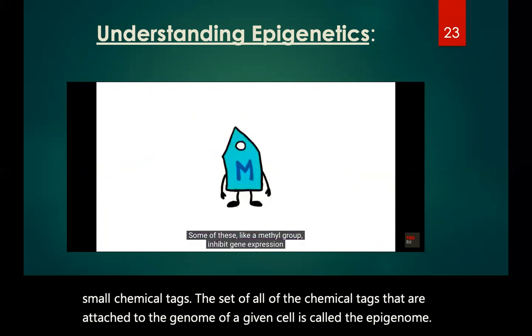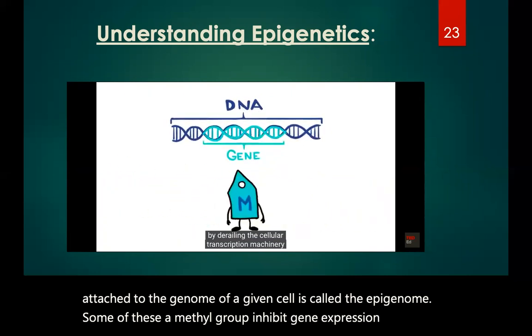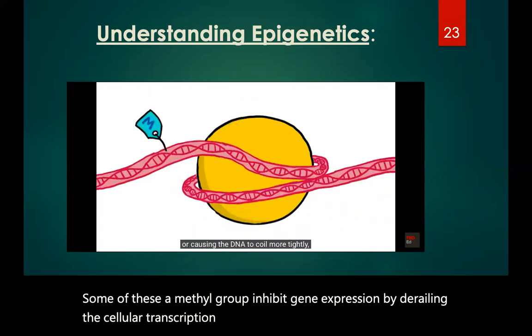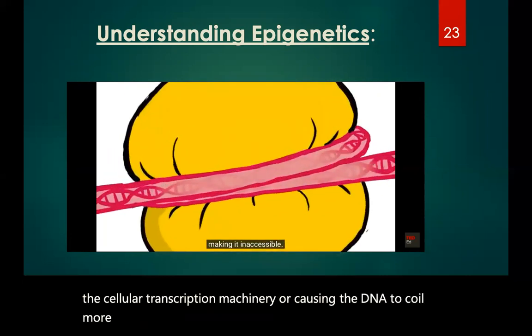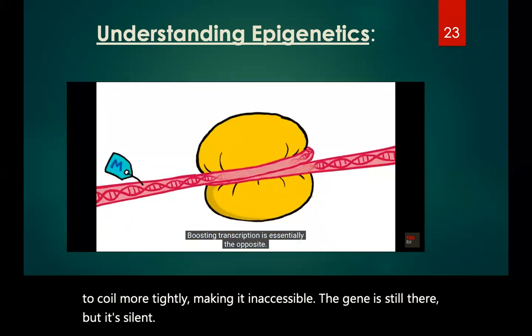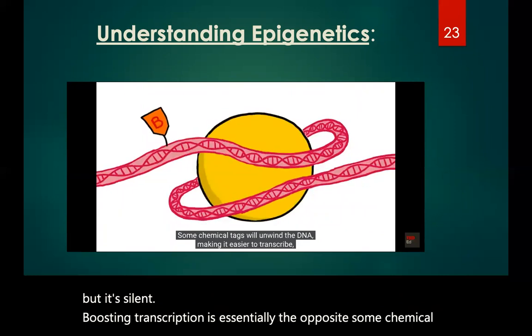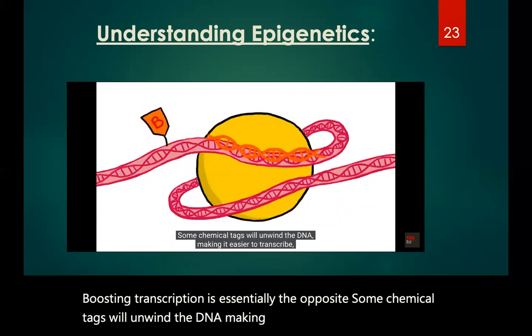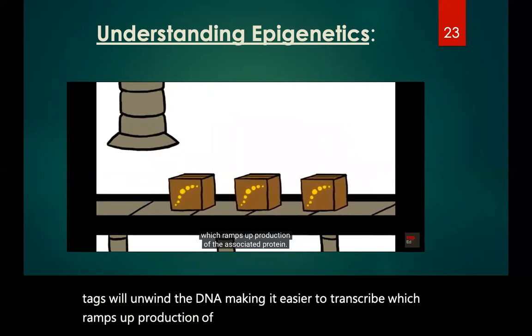Some of these, like a methyl group, inhibit gene expression by derailing the cellular transcription machinery or causing the DNA to coil more tightly, making it inaccessible. The gene is still there, but it's silent. Boosting transcription is essentially the opposite. Some chemical tags will unwind the DNA, making it easier to transcribe, which ramps up production of the associated protein.